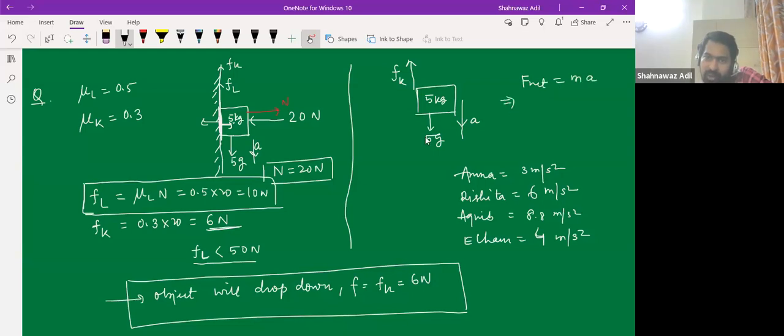So positive is 5g, 50 minus 6, and this is 5 into a. So this is 44 divided by 5. Oh, so I can see that Akif is correct. 8.8.